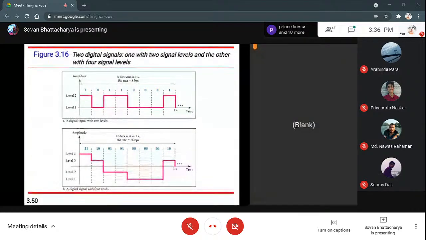So you see in this periodic signal, in the digital signal, the first horizontal line is at which level? Level 4. Yes or no? Level 4. That's why it is 1 1. Then the second sector is level 3, that's why it is 1 0.